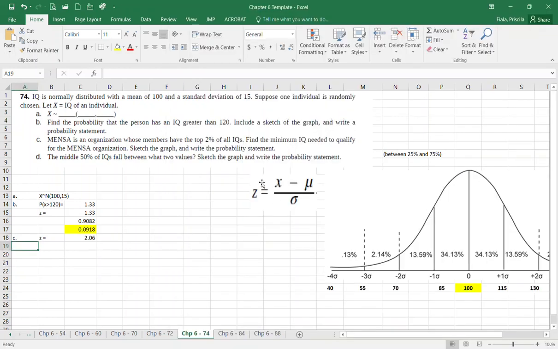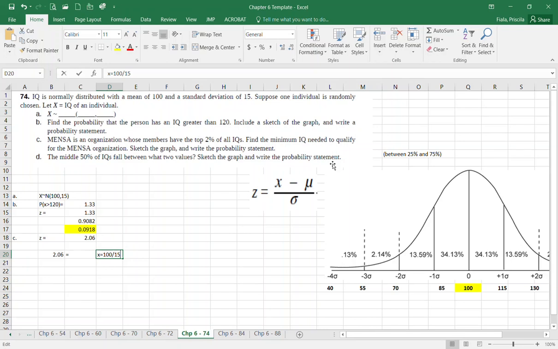Now we're going to solve for x, because it's telling you right here, let x be equal to the IQ, and it's asking you to find the minimum IQ. So you're really finding x. Now that you have your z, your mean, and your standard deviation, you can do 2.06 equals x minus 100 divided by 15.